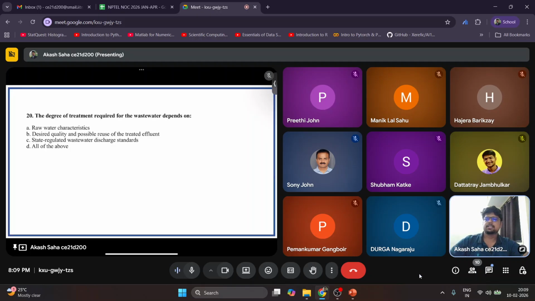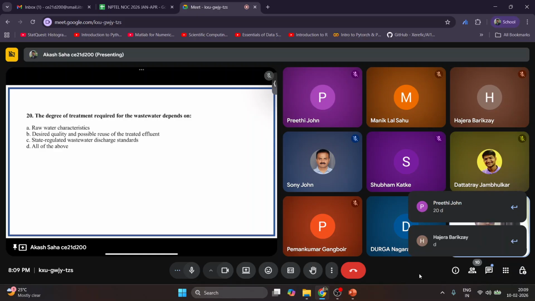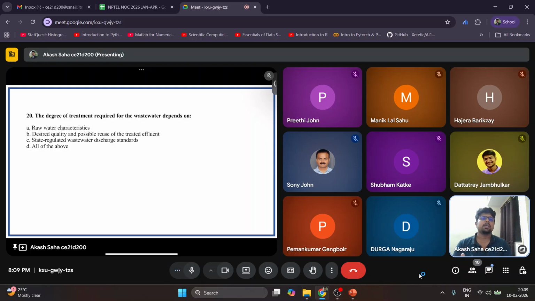Right? Next, the degree of treatment required for the wastewater depends on raw water characteristics, desired quality and possible reuse of treated effluent, state regulated wastewater discharge standards, or all of the above. So this is actually pretty direct. All of the above is the right answer because how much treatment we have to give to the wastewater will definitely depend on what kind of wastewater is coming into our system.